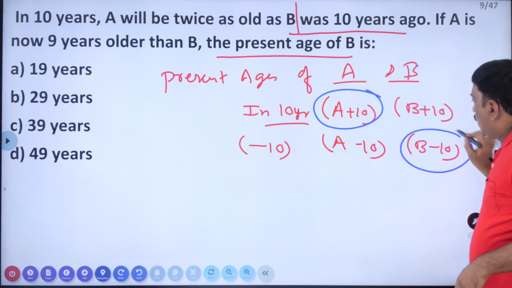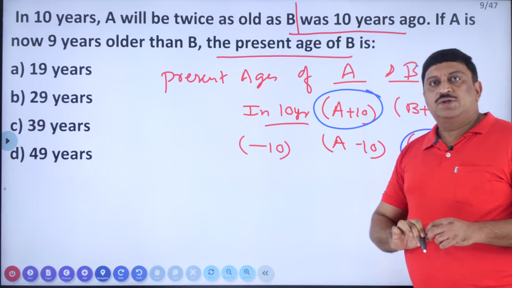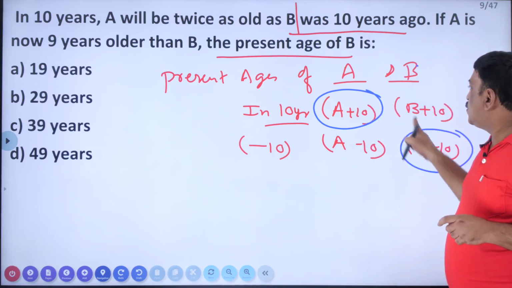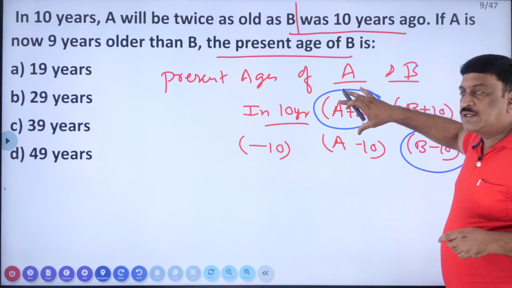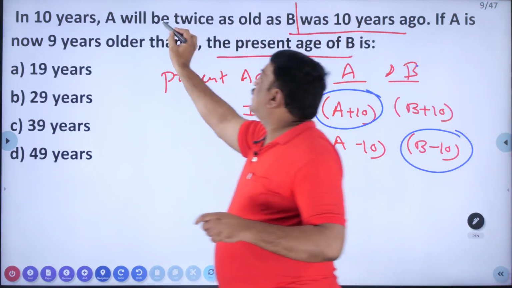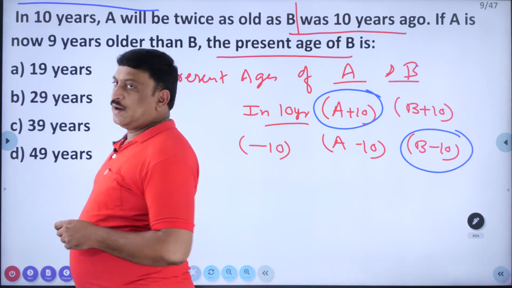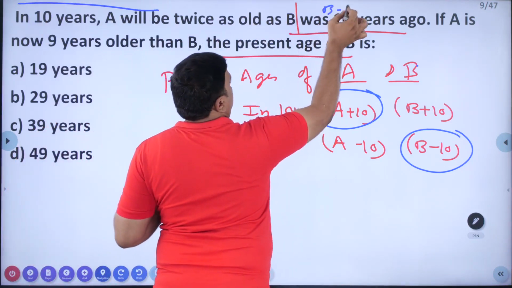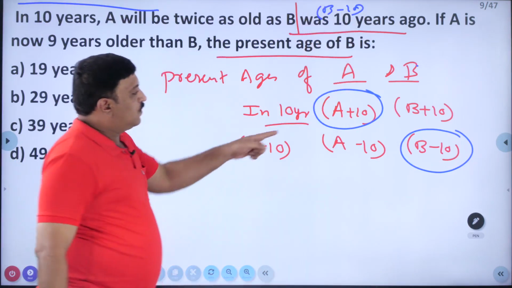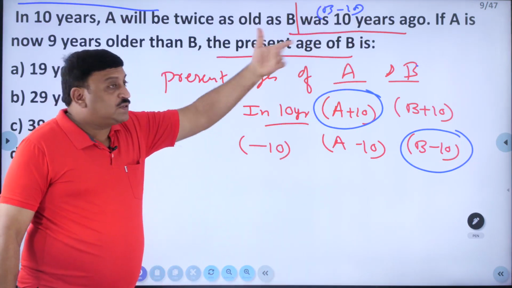This one. Okay. So the case is regarding these two being compared, and they say A plus 10 is how much? This entire thing is A plus 10. Right? And what about that one? That is B minus 10. Understood? Okay. So A plus 10 is how many times of B?